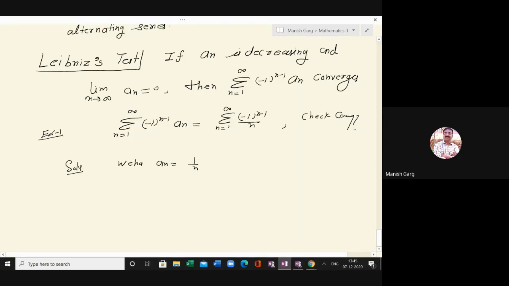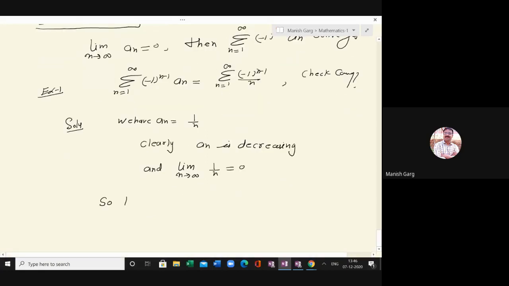We have a_n equal to 1 by n. Clearly a_n is decreasing because n is increasing, so a_n will be decreasing, and limit n tends to infinity of 1 by n is equal to 0. So you can directly say by the Leibniz test, this series, n equal to 1 to infinity, minus 1 to the power n minus 1 by n, converges.